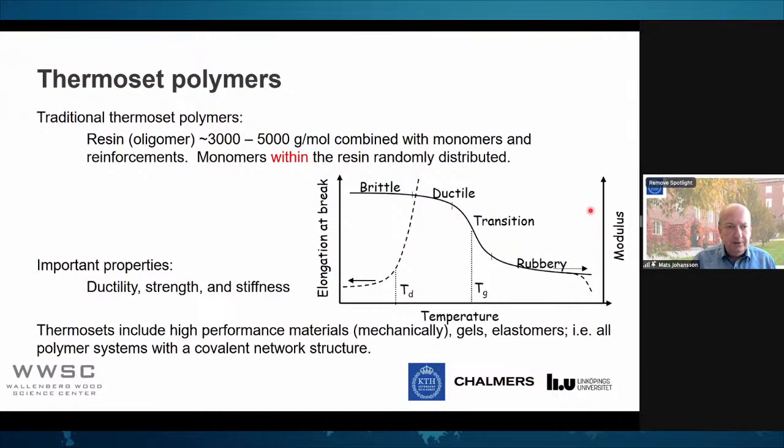The reason that you start with a resin that has a reasonably high molecular weight is that it should be low enough to allow for processing, pre-shaping the polymer into the thermoset, but it should be as high as possible to allow for not that much shrinkage when it polymerizes. So it's a balance between pre-processing and final properties.